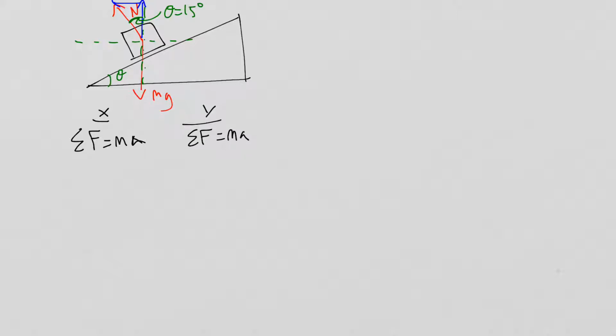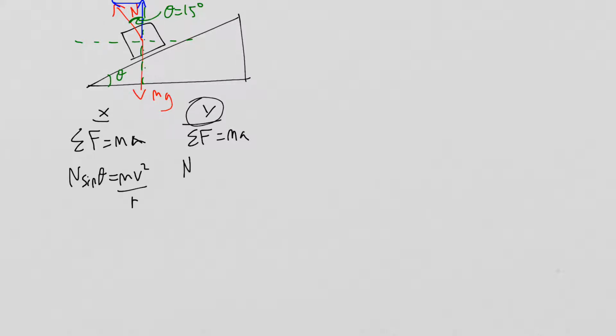So this component that points towards the center of the circle is the opposite side, so N sine theta, and that's the only force in that direction, is mv squared over r. Your instinct might be, oh, normal force, that must be equal to the weight. But it's not. Our free body diagram shows that the weight is only being balanced by part of the normal force. That's what we're going to use this direction to find.